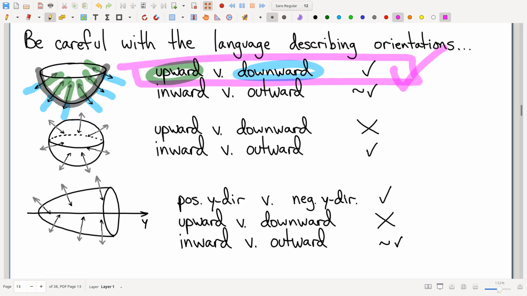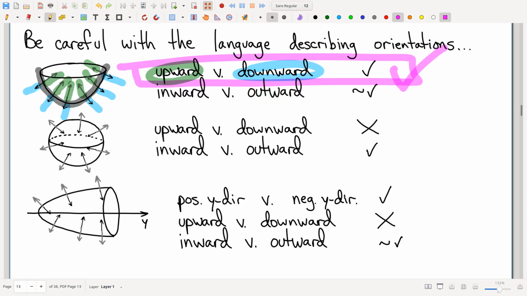If you look at these green vectors, they're mostly not pointing exactly up, but none of them is in any sense downward. Not even a little bit. And you look at these blue vectors, they're not all pointing straight down, but none of them is in any sense upward. So these terms, upward and downward, are not exactly descriptive, but they do 100% remove any ambiguity. You know there's two options on how you can orient a surface. This is an entirely unambiguous choice of language. Does that make sense?